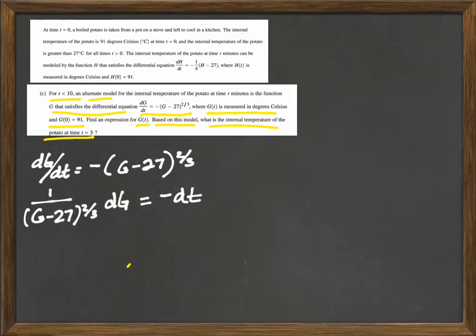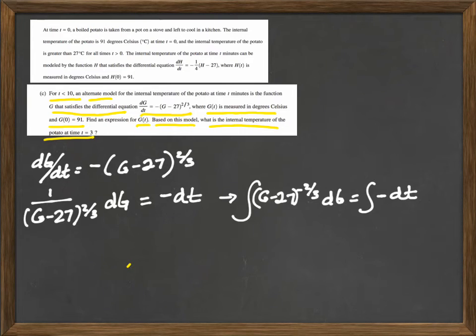There's me separating my variables. So then to integrate those, the integral of (g minus 27) to the negative 2/3 dg equals the integral of negative dt.